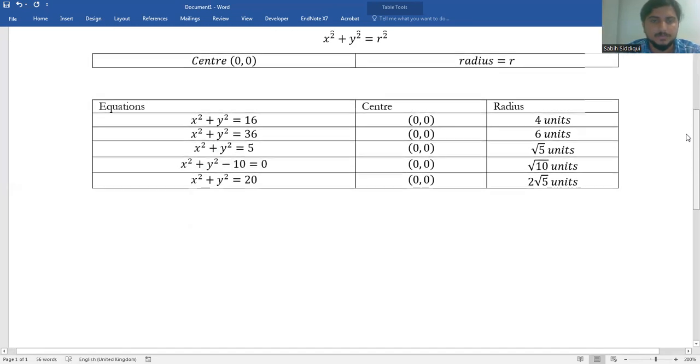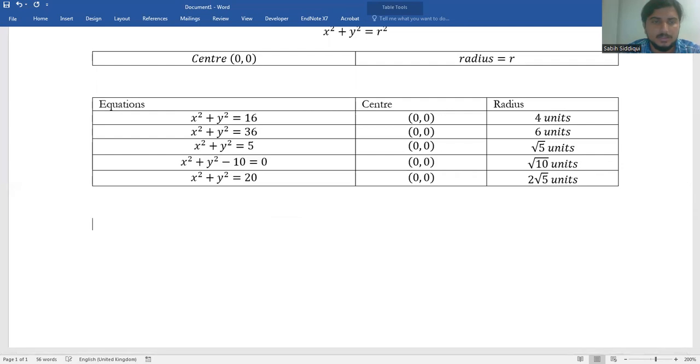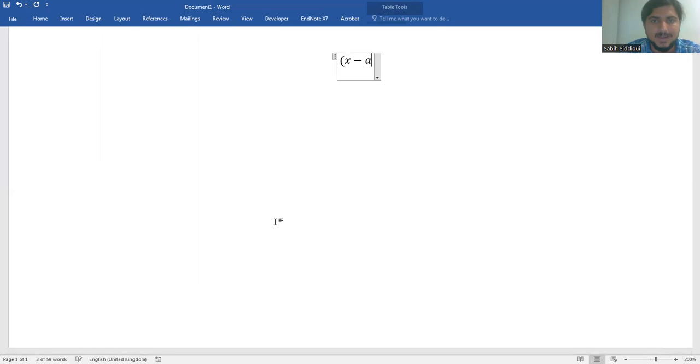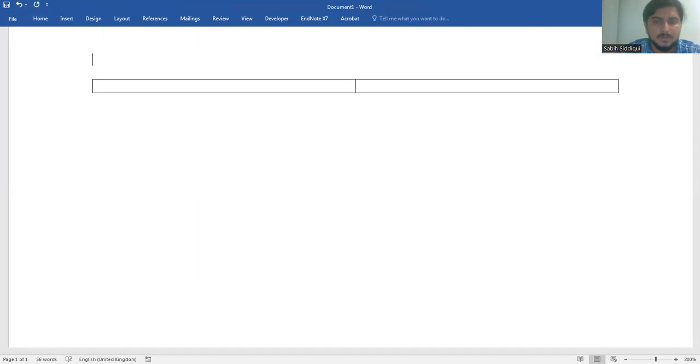Let's take this step further and understand circles when the center is not the origin. Okay, now what if I write a point x minus a? I can say that through graphical terms, if there is a point x and I write it as x minus a, what does this mean?